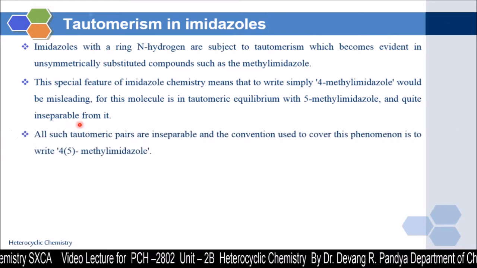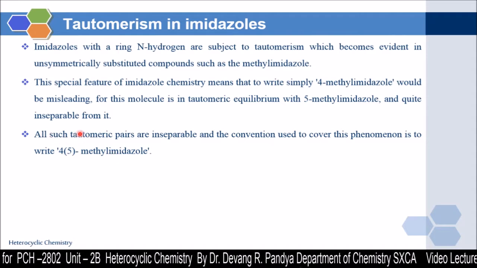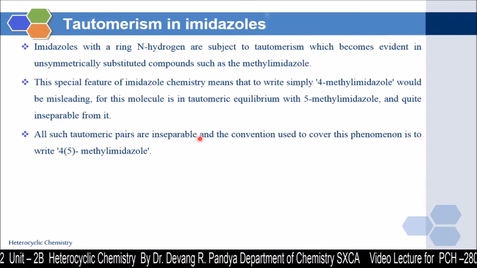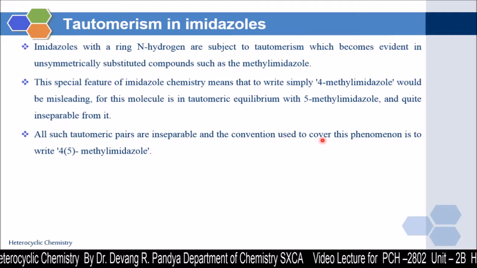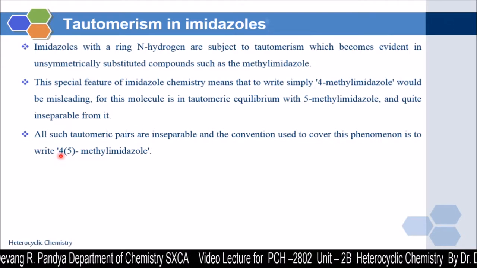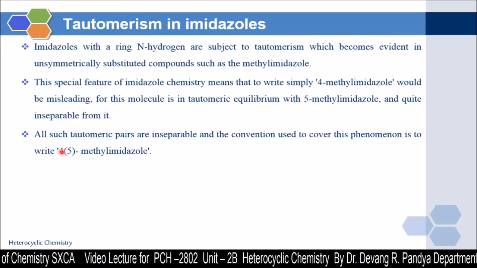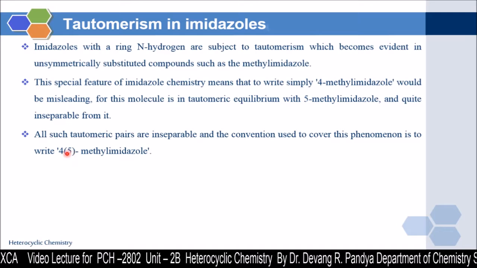Instead of only 4, it is written as 4(5)-methyl imidazole. All such tautomeric pairs are inseparable, and the convention used to cover the phenomenon is to write 4(5) instead of only 4 or only 5, because of the tautomeric effect of the compound.